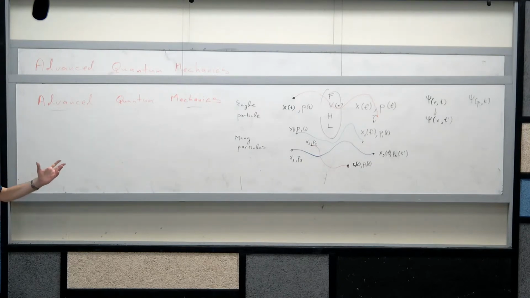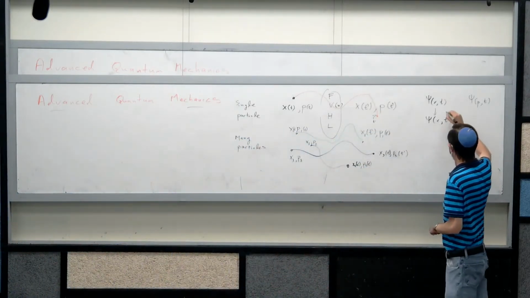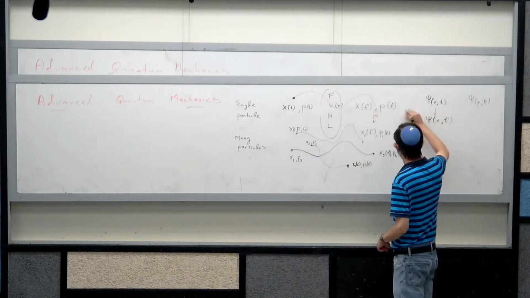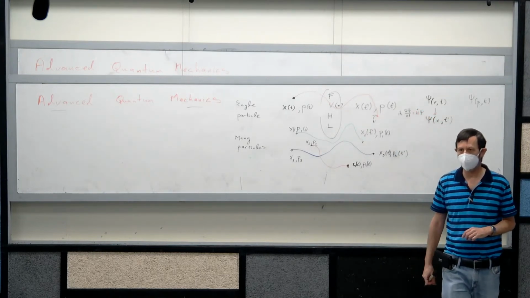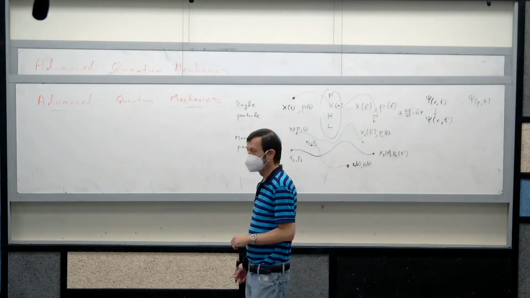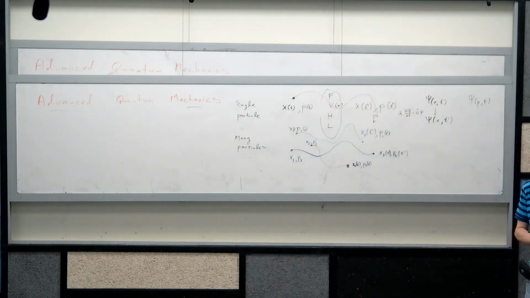But we know at the moment the Hamiltonian and this little equation, known also as the Schrödinger equation.